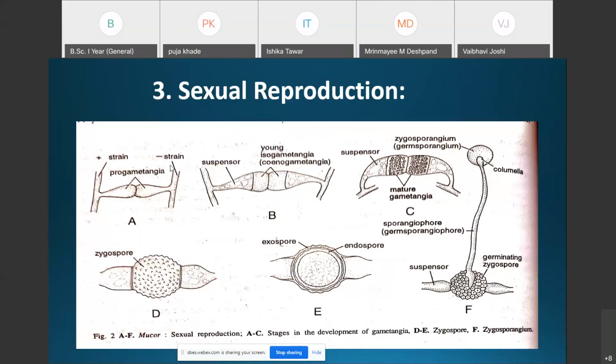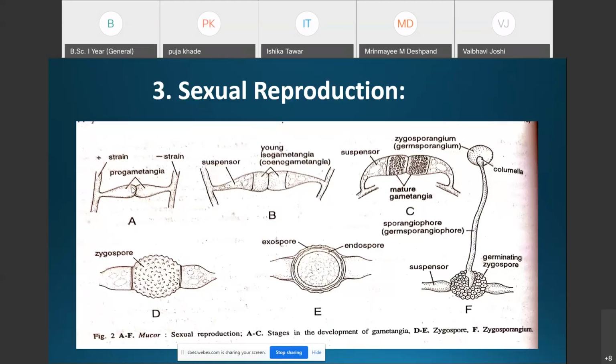The sexual process in Mucor involves three major steps. First, the initiation of the progametangia. Second, the growth of gametangia towards each other.